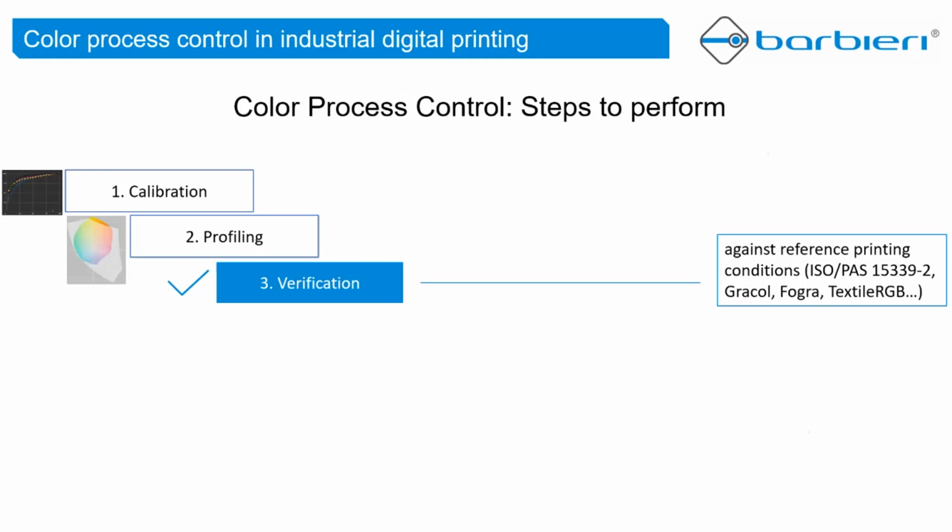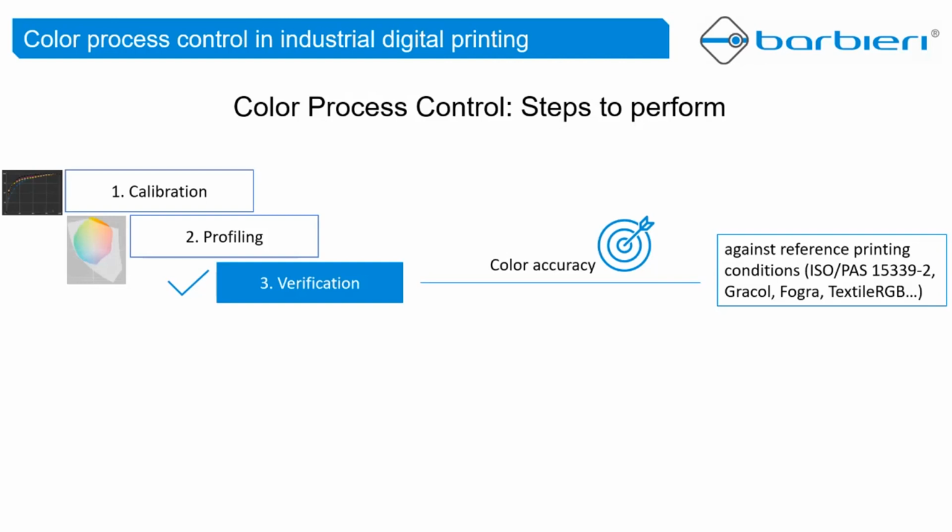This means we verify if our printer prints against the reference printing condition. You see a few examples here: ISO 15339, Rockwool-Foga textile RGB, or even your house standard. And this is to know if I printed the color accurately.